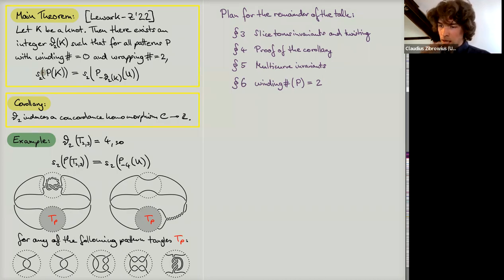And finally, I want to explain the key ideas that go into proving the main theorem. They rely on these multicurve invariants that I've developed together with Artem Kotelskiy and Liam Watson for Conway tangles. And then, time permitting, I will tell you a bit about the winding number 2 case.